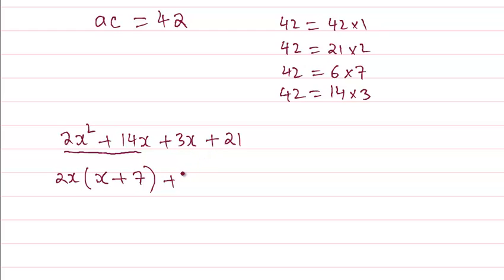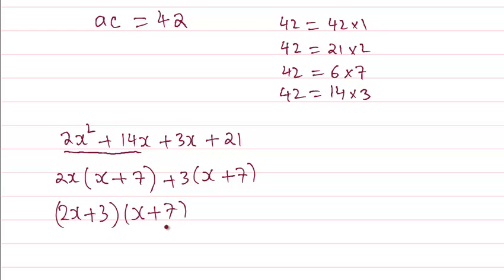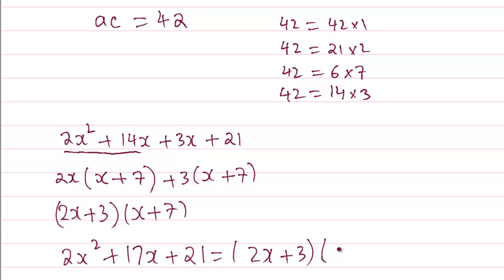Here the common factor is 3. So we have x plus 7. So we got the same bracket repeating. So that's our common factor. So we just write 2x plus 3 times this common factor. So the original question, 2x squared plus 17x plus 21 factorized to 2x plus 3 times x plus 7.